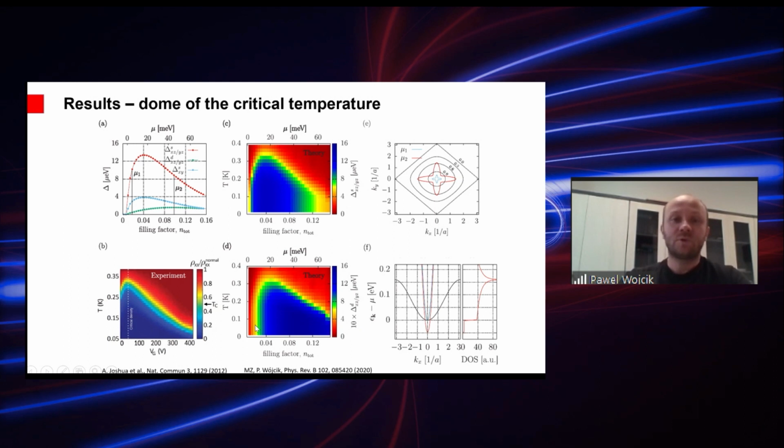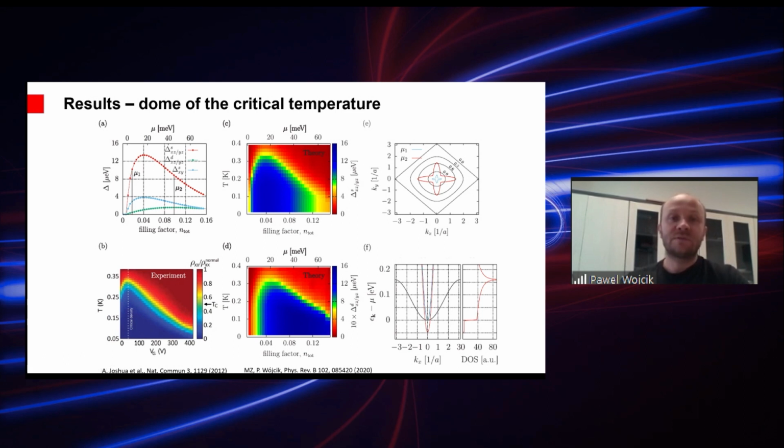Okay, and of course this unusual dome shape of the critical temperature can in this case also be explained as some kind of interplay with the topology of the Fermi surface. Here you have a Fermi surface, and in fact the symmetry of the gap is exactly in the same manner I showed you, I know, two slides ago.